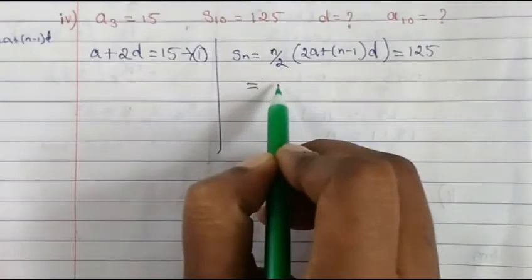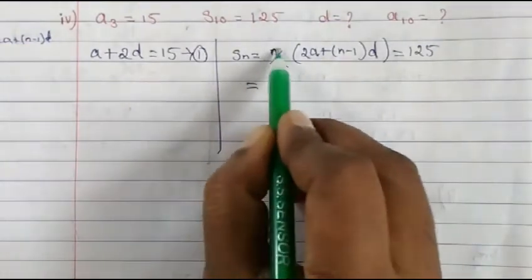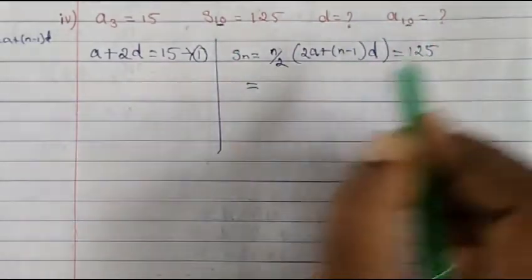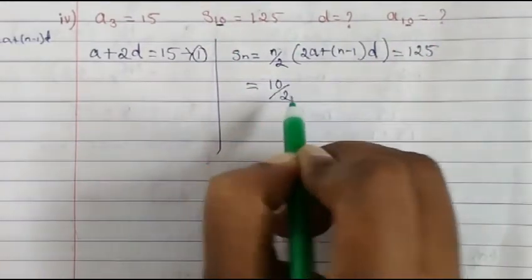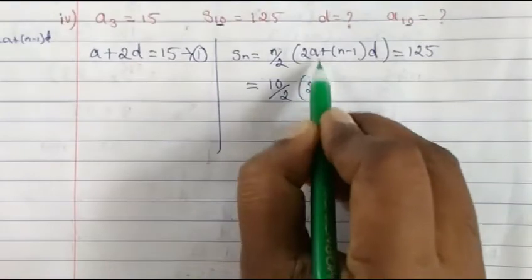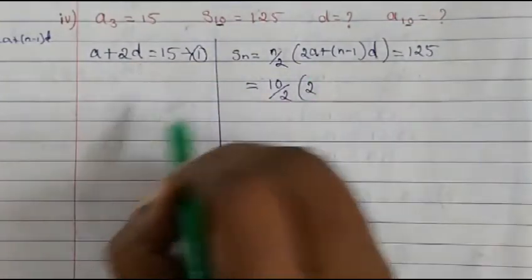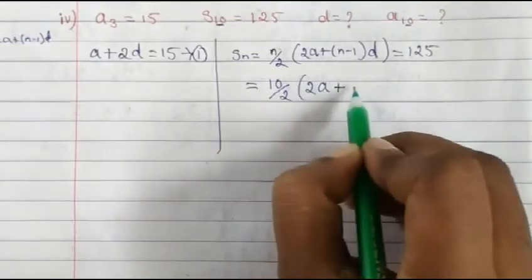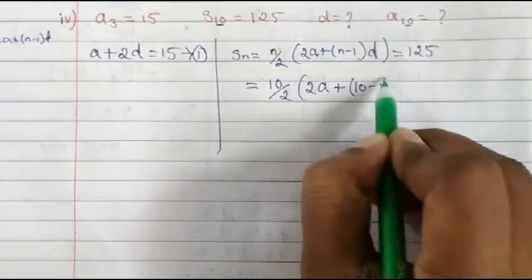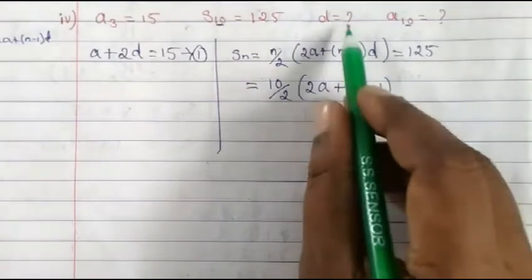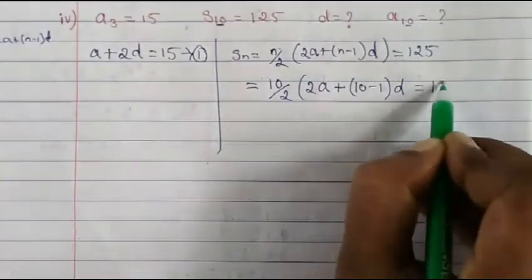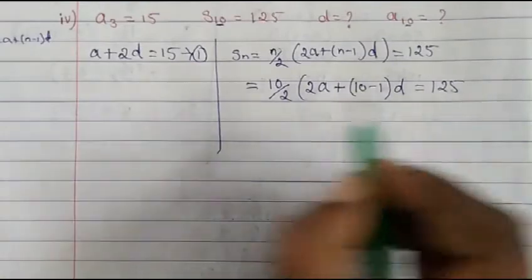So n value we know, n is 10. So 10 upon 2 into 2a, we don't know because we have not found a, then n is 10 minus 1, and d also we don't know, so we'll keep it as it is, which is equal to 125.